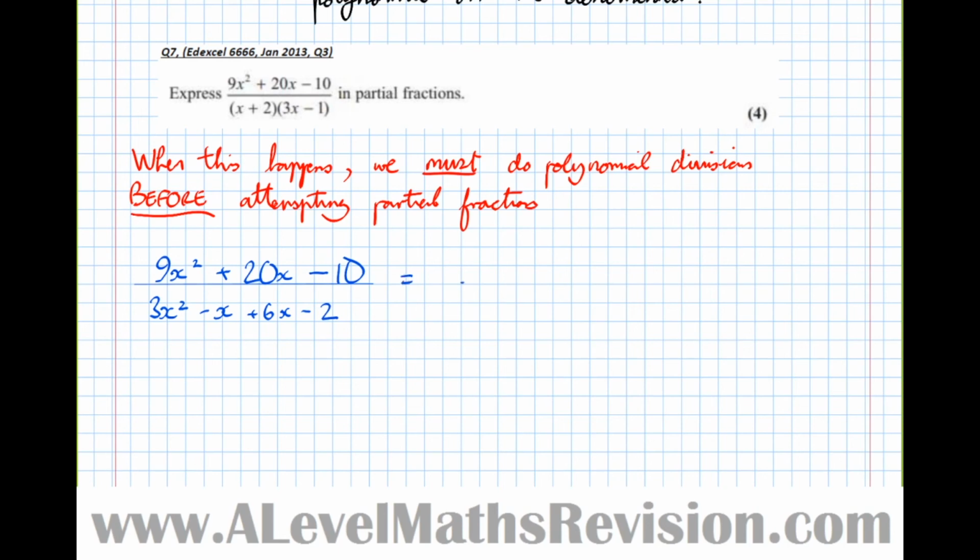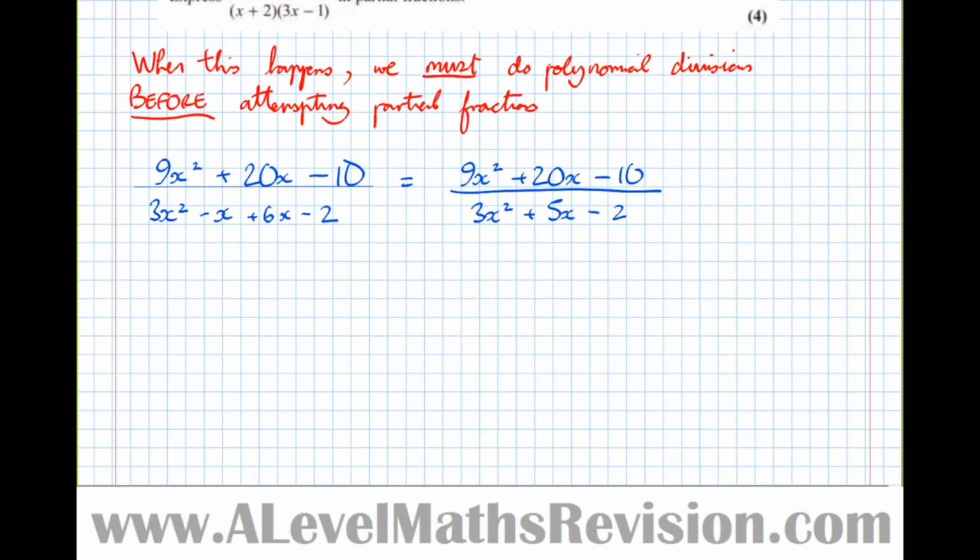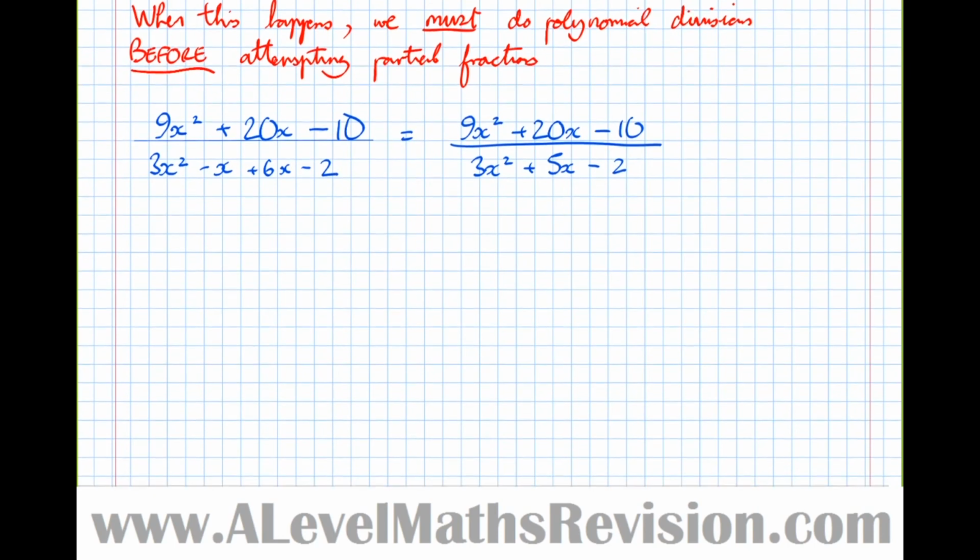So equals 9x squared plus 20x minus 10 over 3x squared plus 5x minus 2. So we're going to do that polynomial division now. Otherwise, partial fractions just won't work.